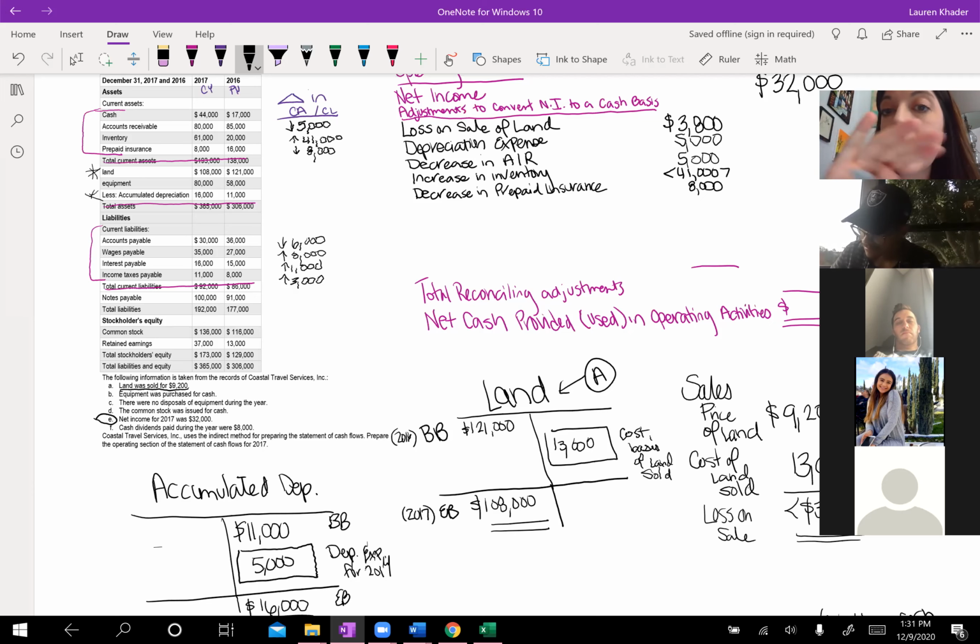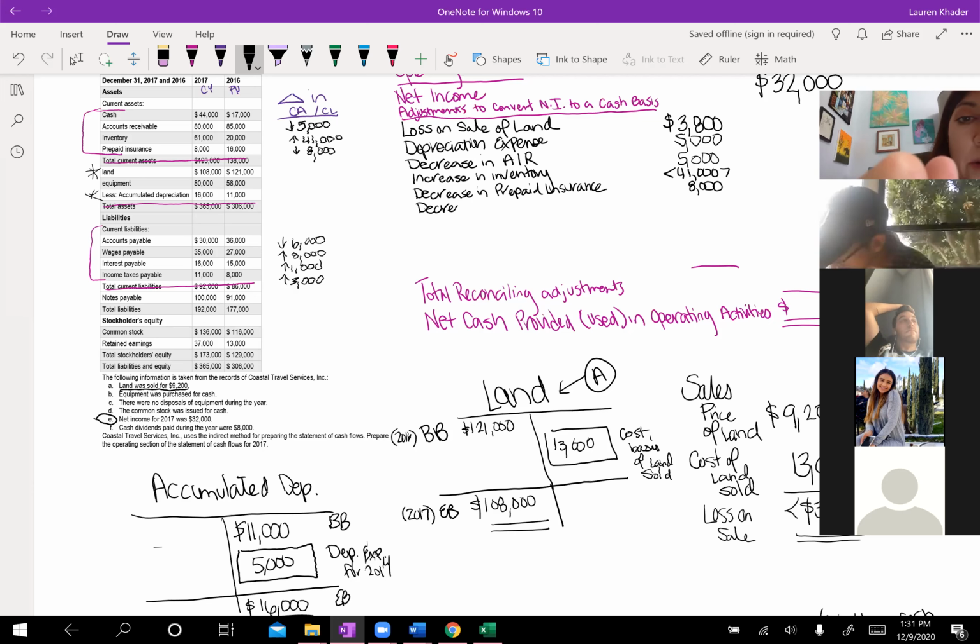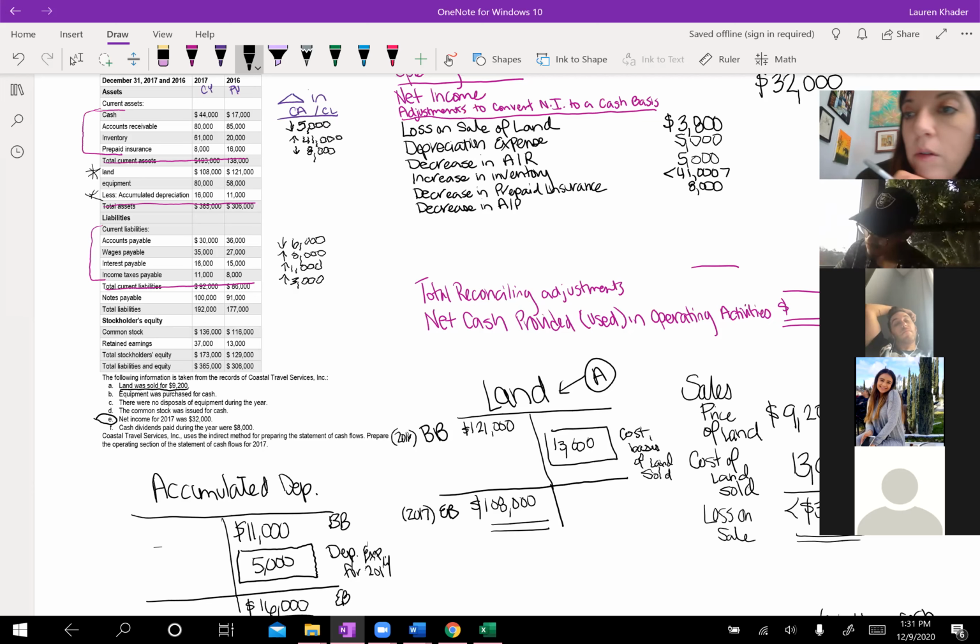Liabilities have the same relationship. So if a liability decreases, then we're going to subtract for the decrease. If a liability increases, we're going to add for the increase. So decrease in accounts payable. We paid more in cash than we expensed, so we're going to decrease for that 6,000.